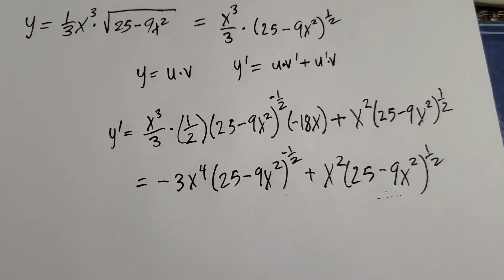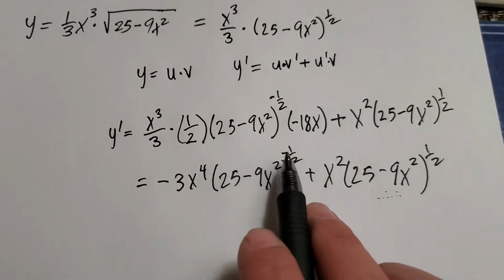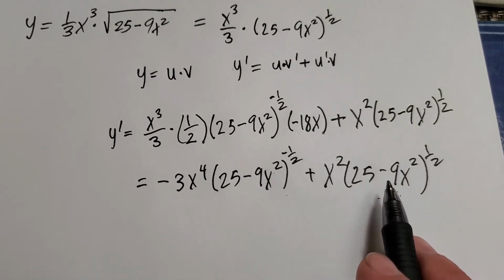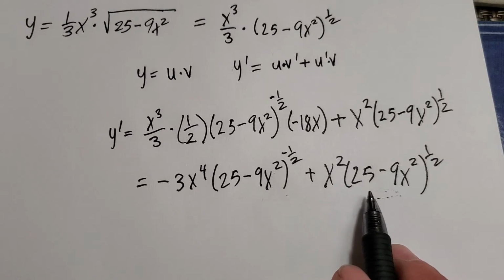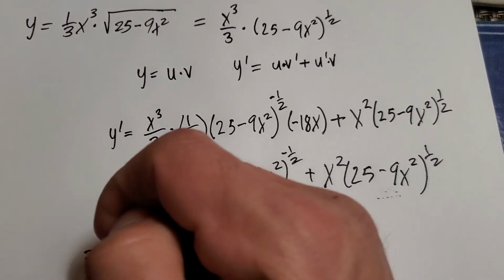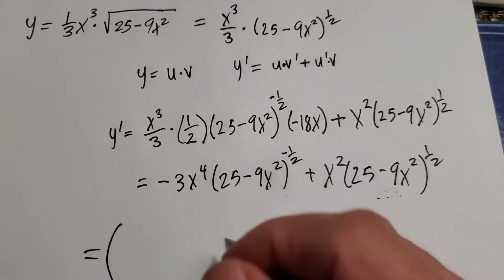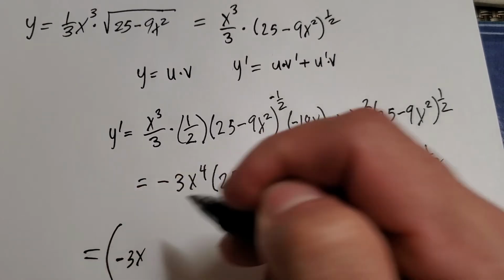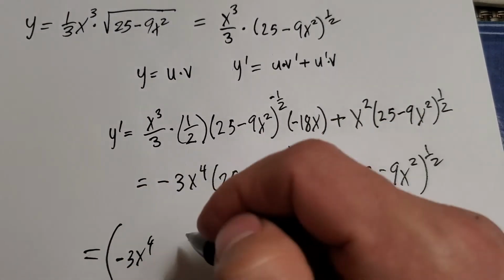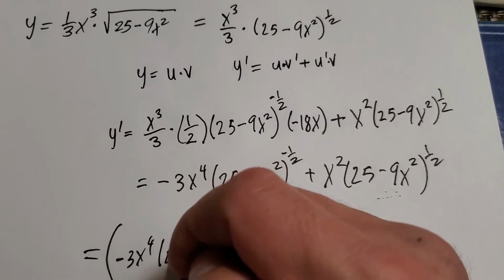We're going to multiply everything by an expression that equals 1, an expression over itself that will cancel things out and make everything nice and simple. So I'm just going to bring all of this down and put it in a giant set of parentheses.